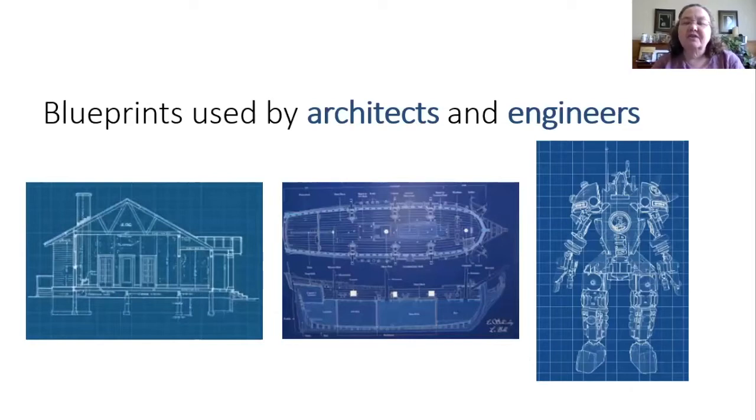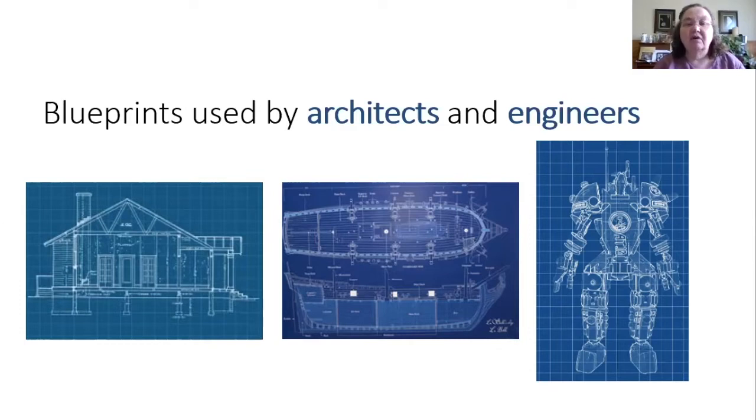I wanted you to look at these. These are called blueprints, and blueprints are used by architects and engineers to plan out how to build houses. We see a boat here. We see probably some kind of robot, and they always have to plan out before they can build the actual thing.